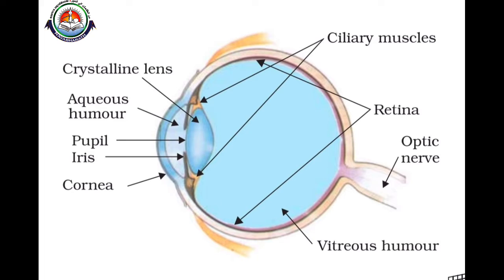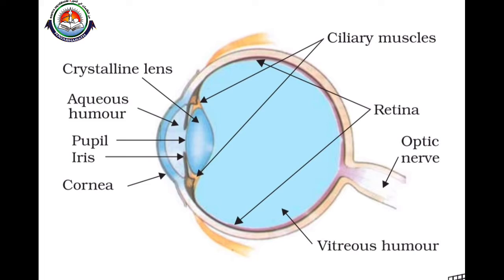The crystalline lens, or eye lens, is a convex lens, that is, a converging lens.